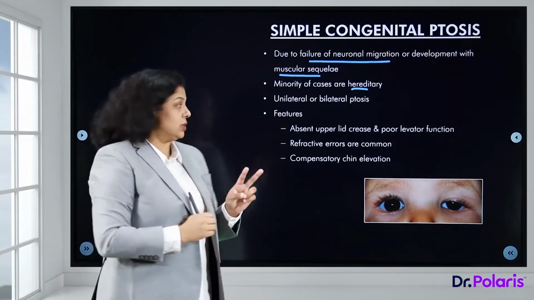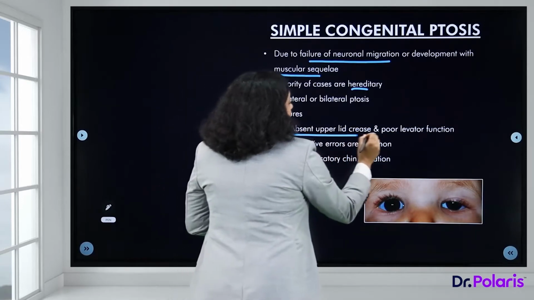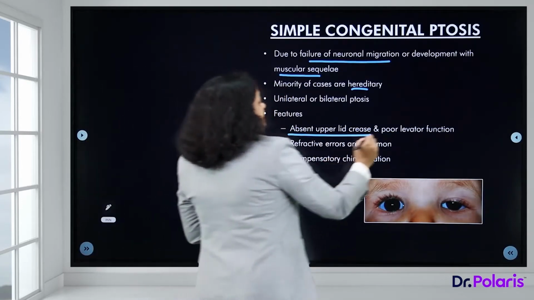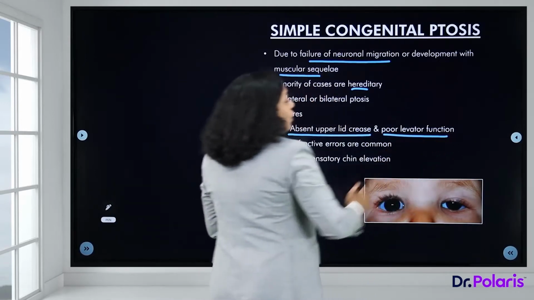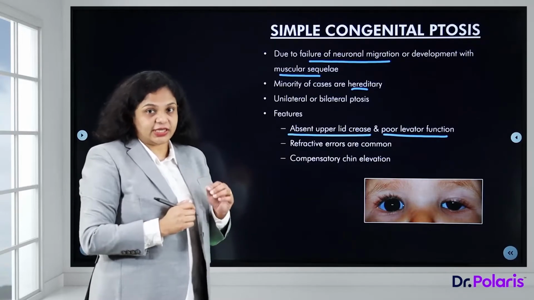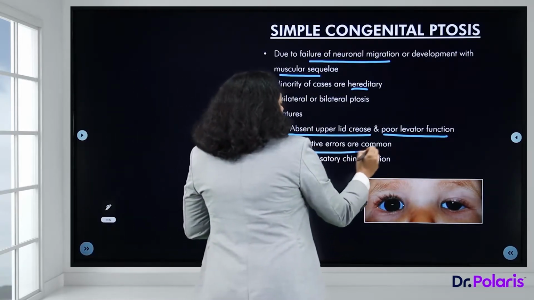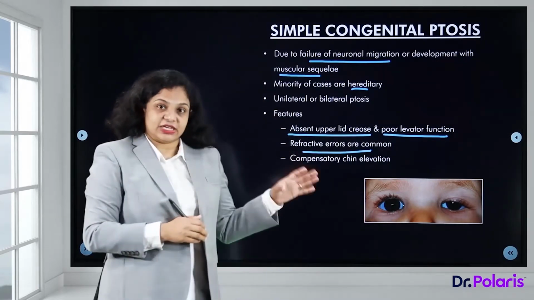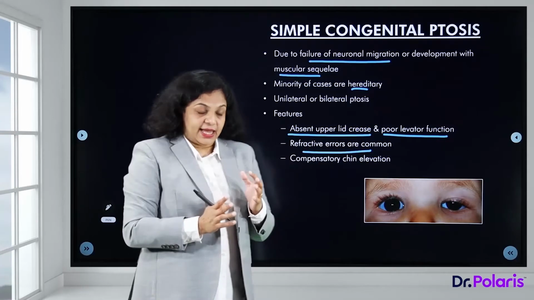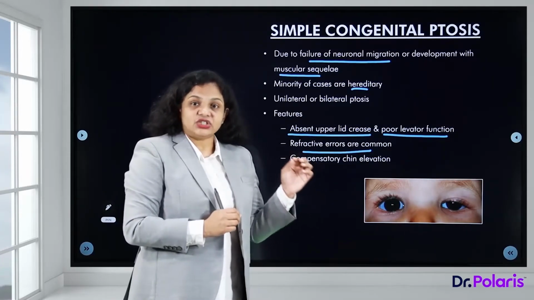There is an absent upper eyelid crease and very poor function of the levator palpebrae superioris muscle. Refractive errors are usually common in such cases. As a compensatory mechanism, a chin elevation is seen in these children.